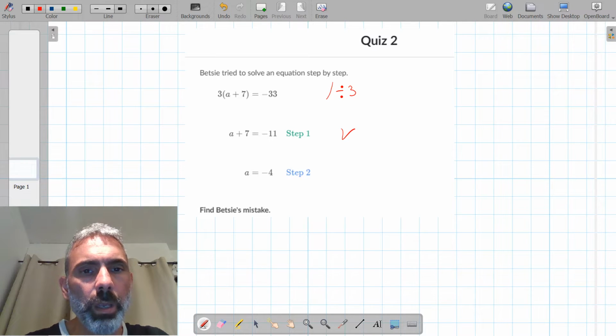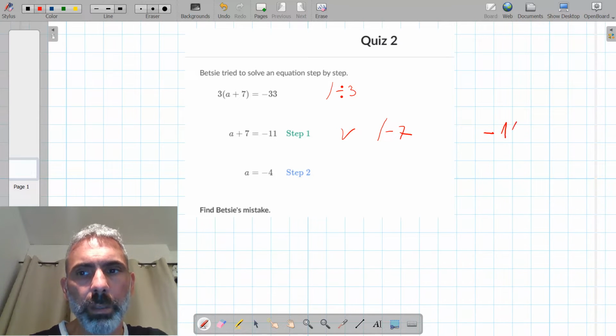Then she needs to subtract 7 from both sides of the equation to get rid of the 7 on the left hand side. And minus 11 minus 7 is not minus 4.